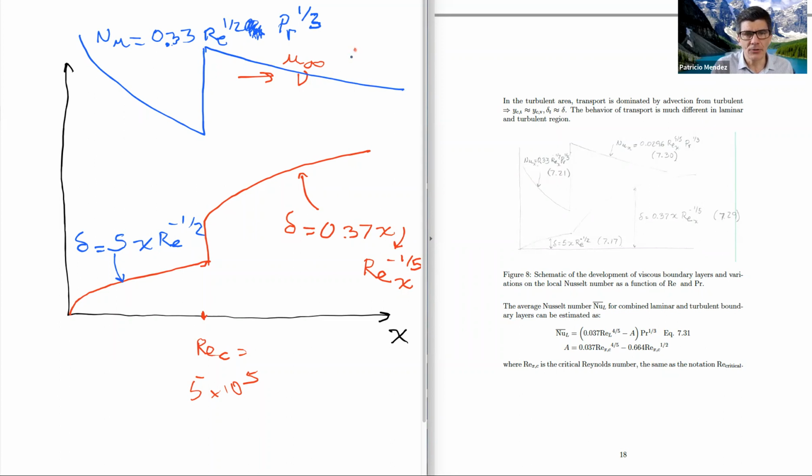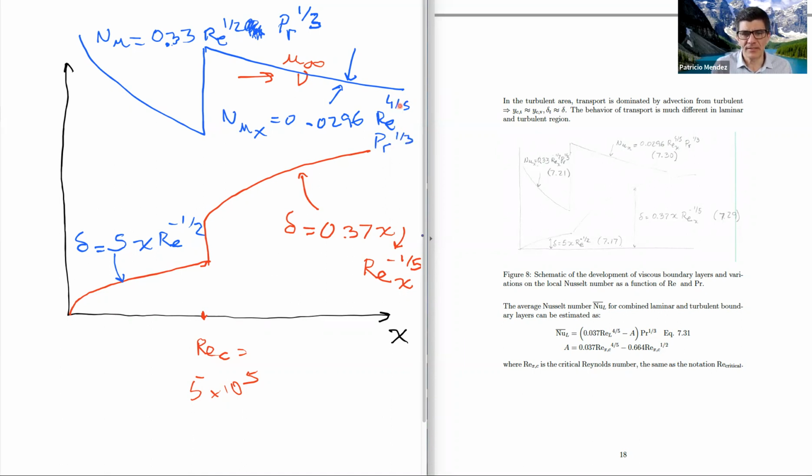And this local Nusselt number is this formula. I'm going to put it down here where I have more room. Nusselt x equals 0.0296 Reynolds to the 4/5 and Prandtl to the 1/3.